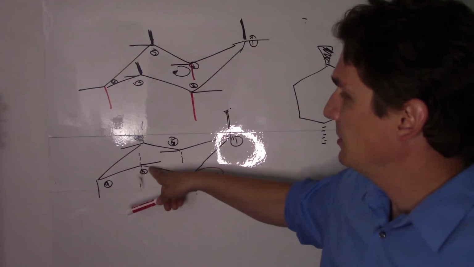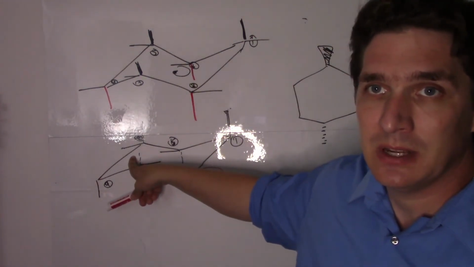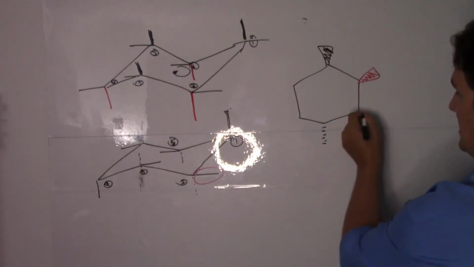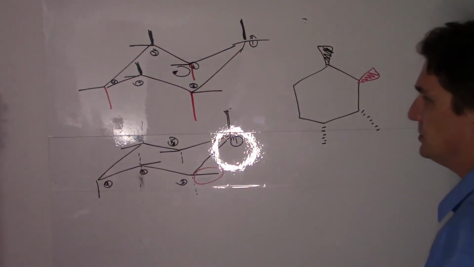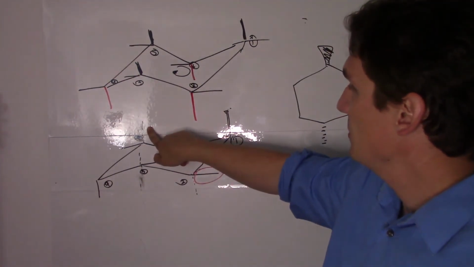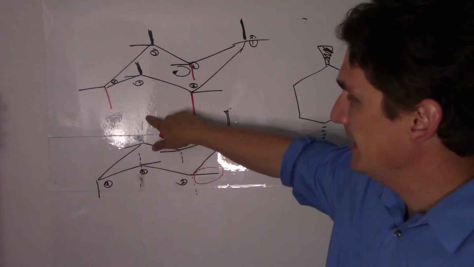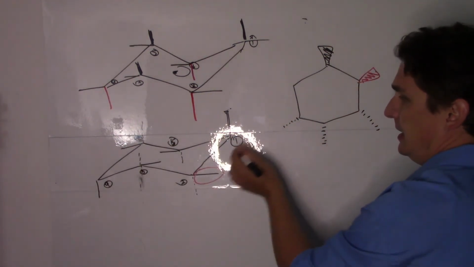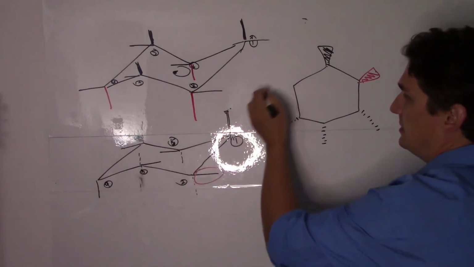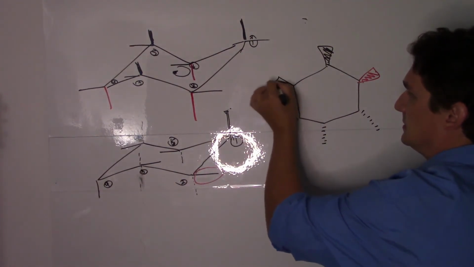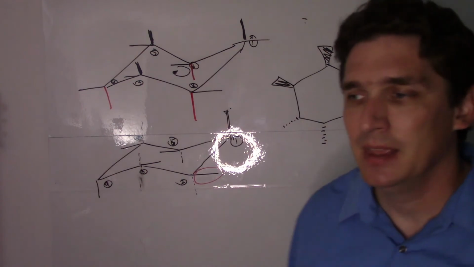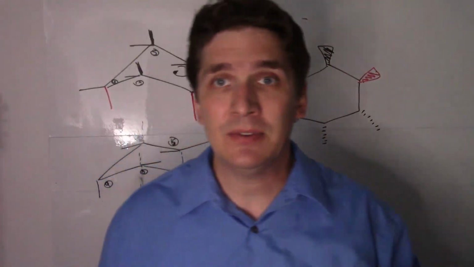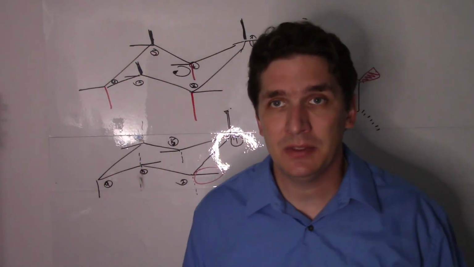For this equatorial, the axial is pointed up, so the equatorial has to take the opposite. So this is going to end up being a dash when you're done. For this one, the 5th carbon, the axial is up, therefore the equatorial must be down. And for this one, the axial is down, therefore the equatorial must be up.